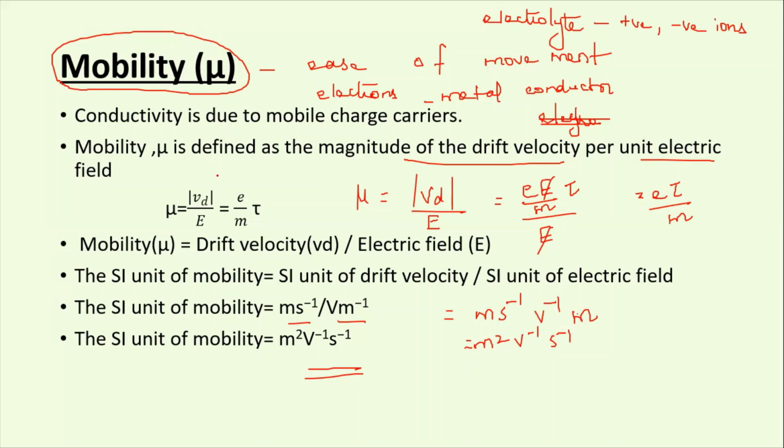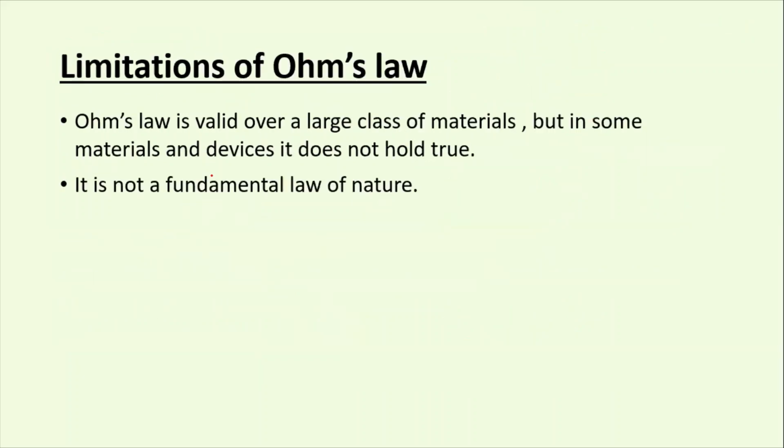Okay. The next topic we are going to discuss is limitations of Ohm's law. We have already learned what is Ohm's law, how to write the vector form of Ohm's law in our class 2. Those who have not watched that, please watch the video and get back to this class. So Ohm's law tells us the linear relationship between voltage and current, or potential difference and current.